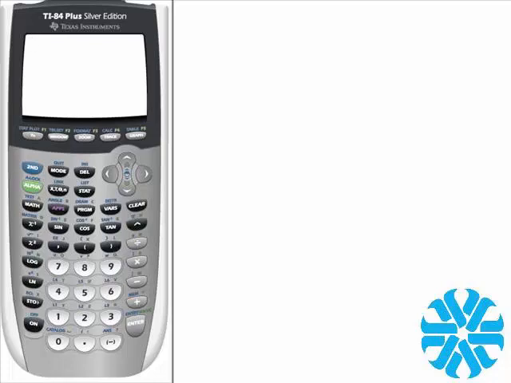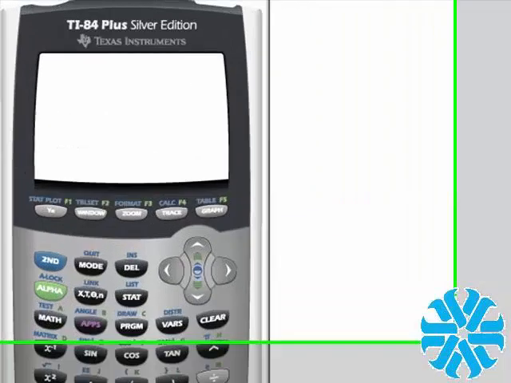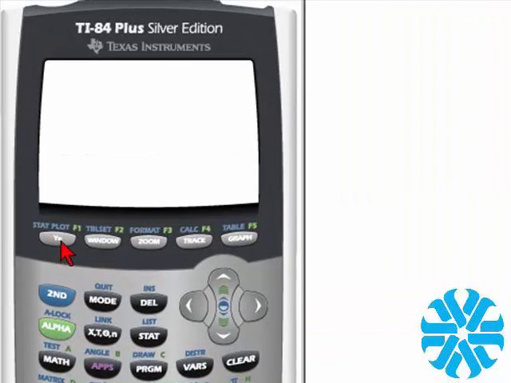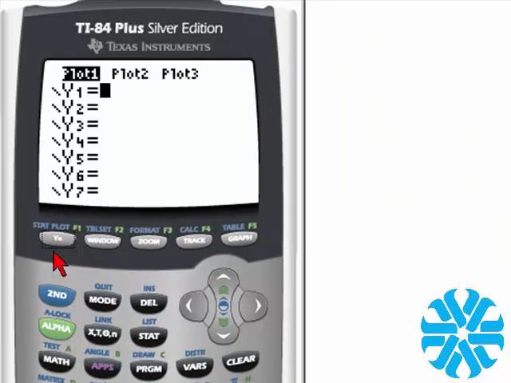First, let's check to see that the plot modes are off. So what we need to do is hit the y = button right here, and if you notice, you can see that plot 1 is highlighted. That means the plot 1 mode is on, so we need to turn that off.